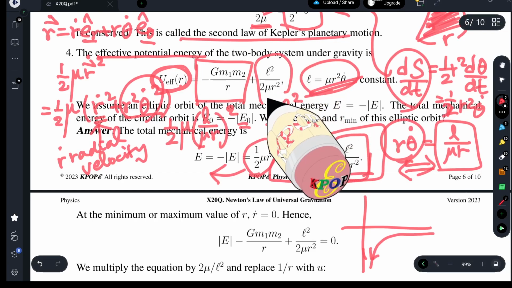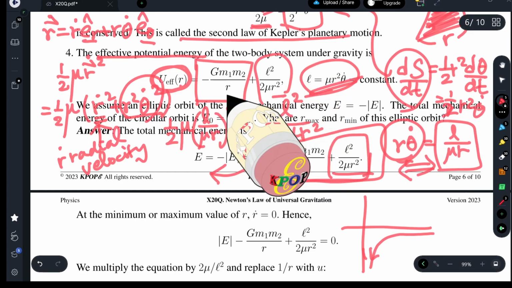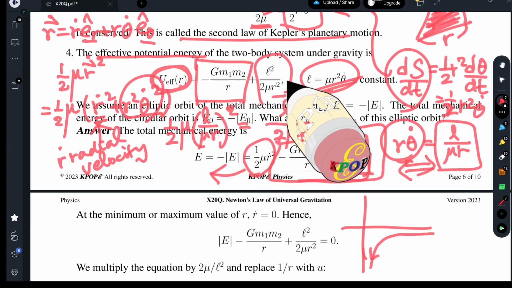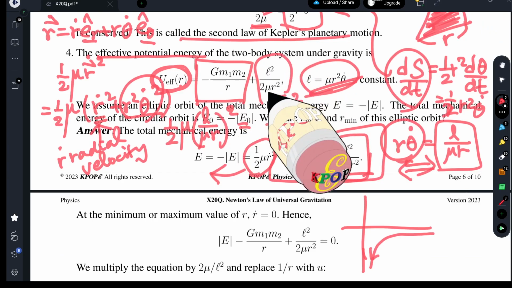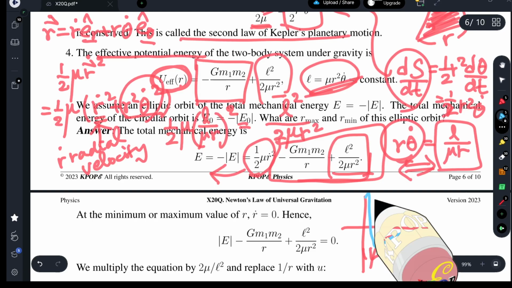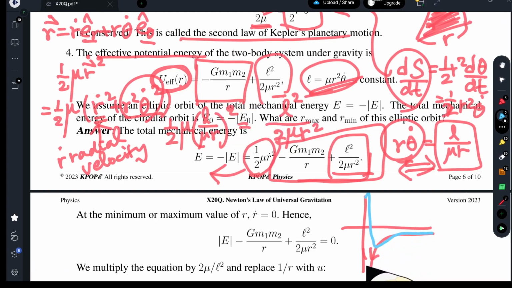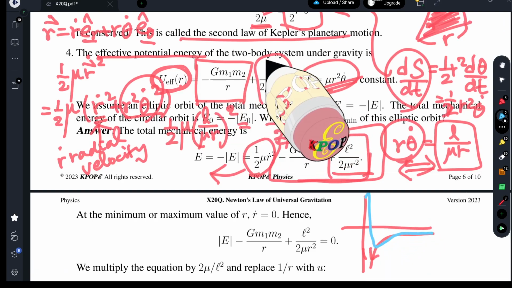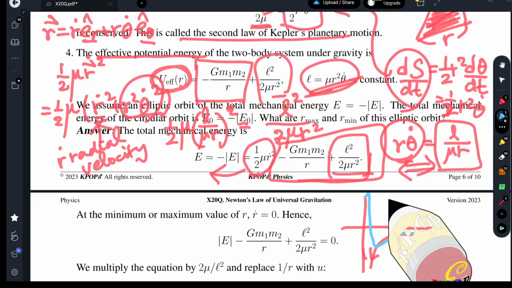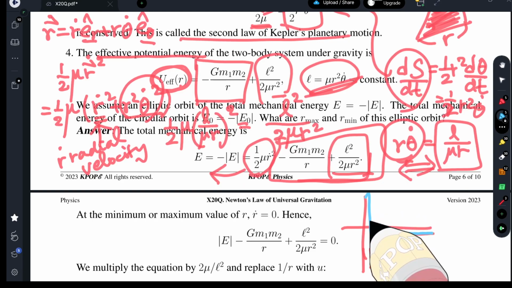This term wins the game against the gravitational potential energy as r goes to zero. It is much bigger, and as r goes to zero, the sum of this will blow up. Instead of going to minus infinity, this makes the effective potential energy plus infinity as r goes to zero.